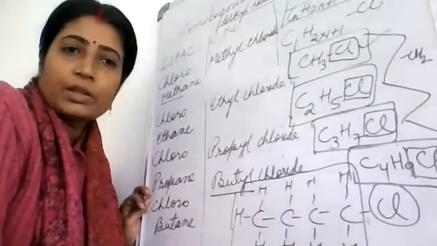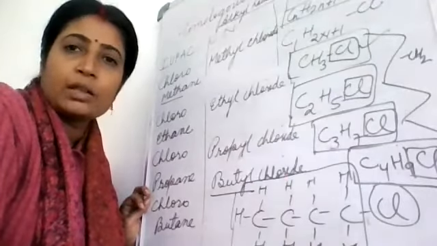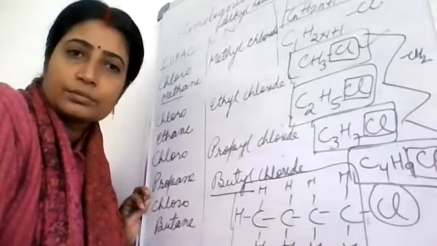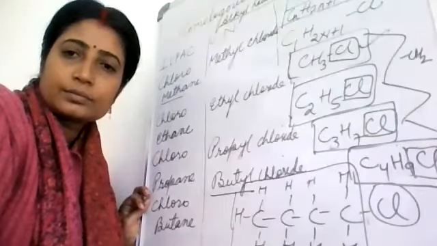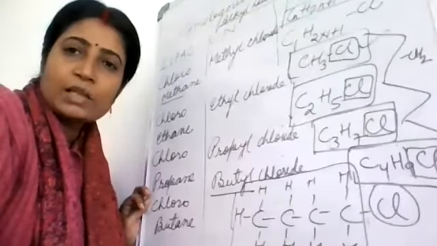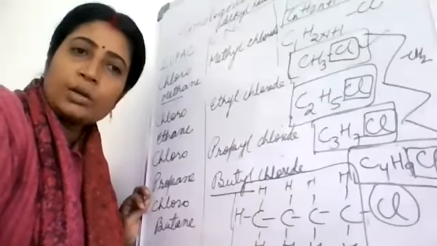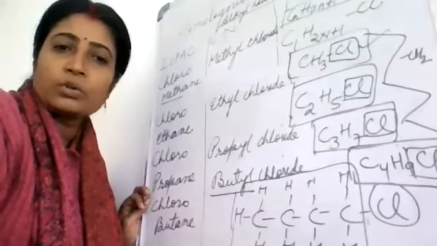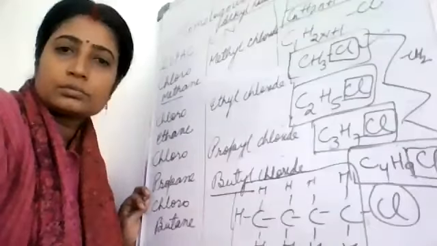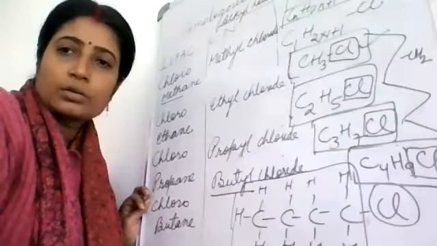So because of difference in the alkyl group, their molecular mass will change. And when molecular mass will change, then their physical property is also going to change. Is it or not?